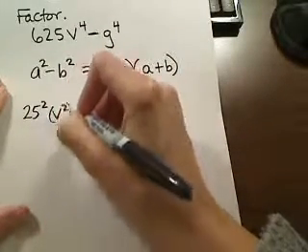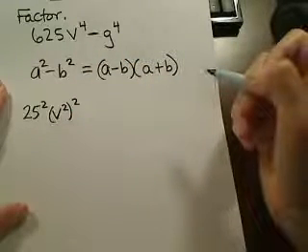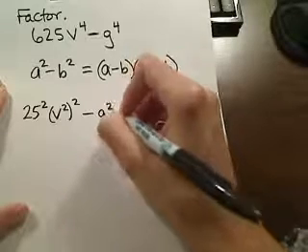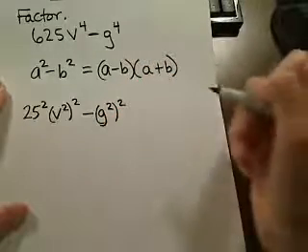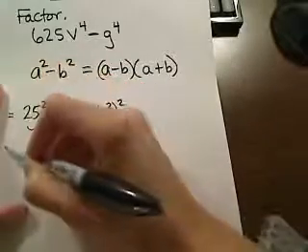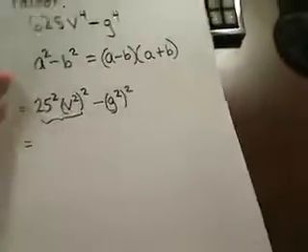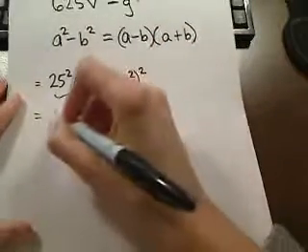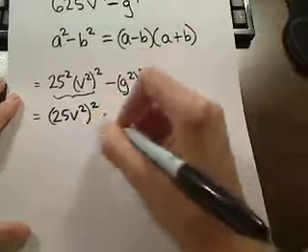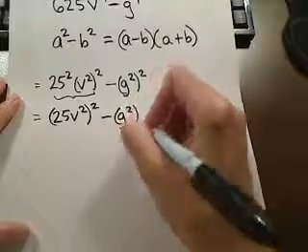And then v to the fourth can be written as v squared squared. The g to the fourth we're going to write as g squared squared also. Okay, now I'm going to go ahead and rewrite this here as a quantity squared. So this looks like 25v squared, whole thing being squared, minus g squared squared.